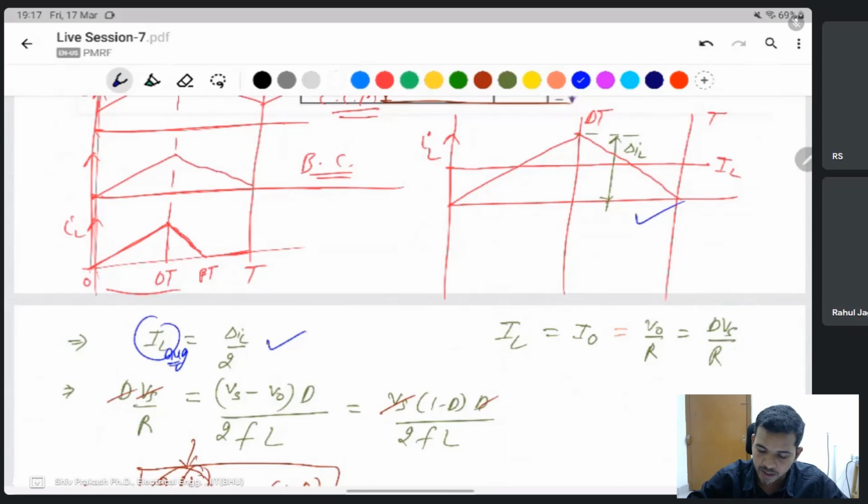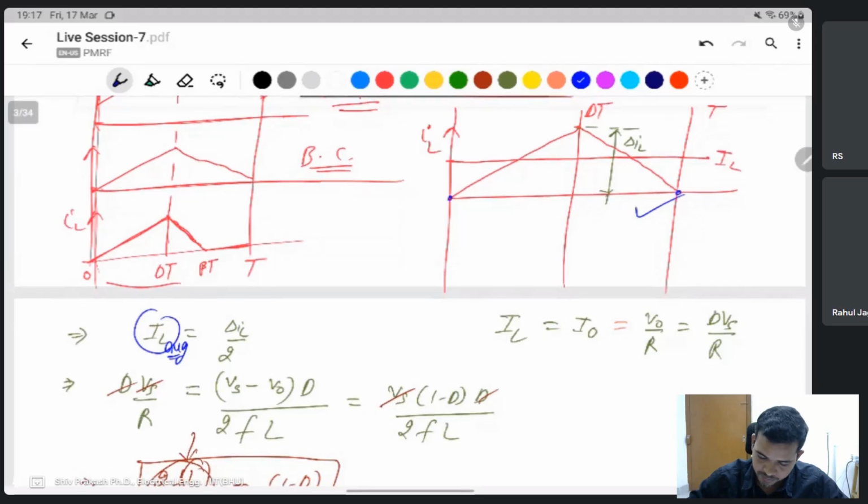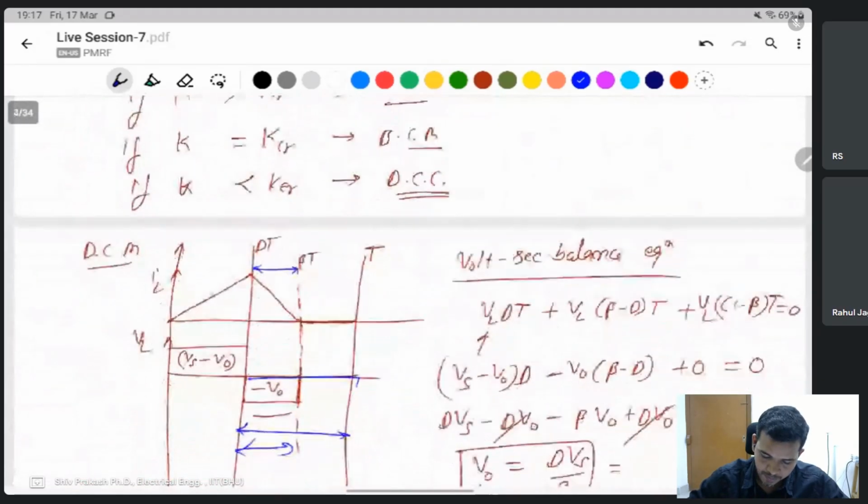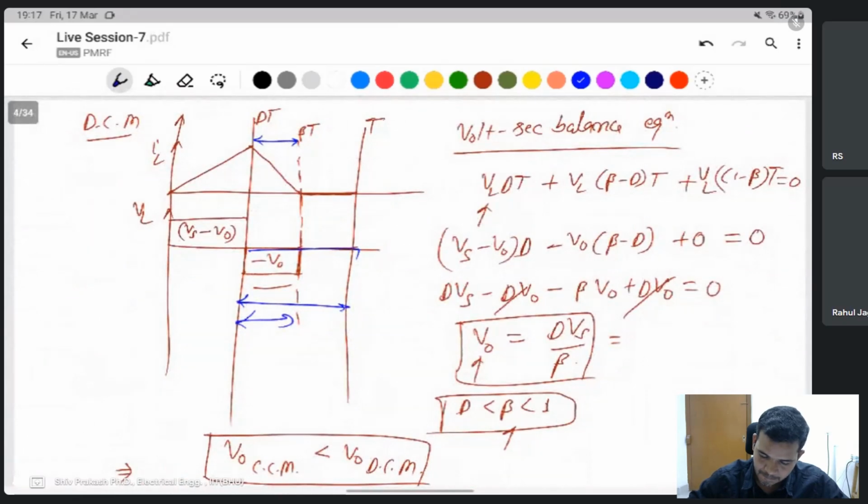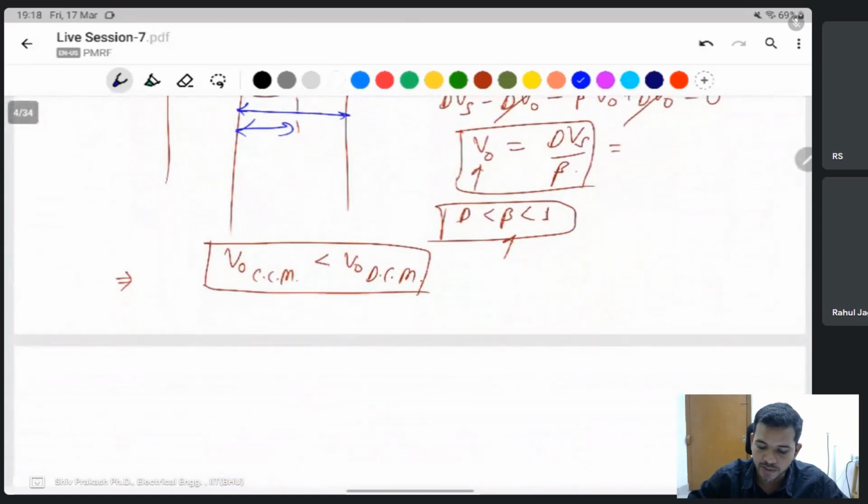If the current is not starting from 0, this equation is not true; it holds only when the current starts from 0 and ends at the maximum. In discontinuous mode, from D T to beta T, minus V0 appears here, and in the remaining time the voltage is 0. The output voltage is D Vs divided by beta.